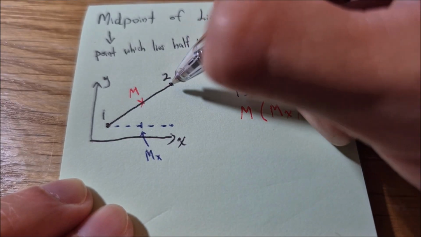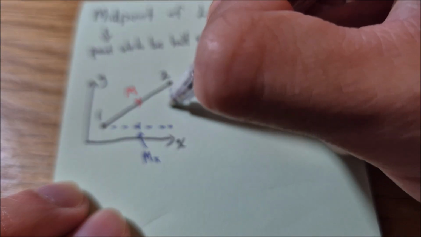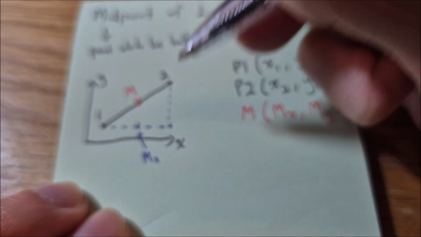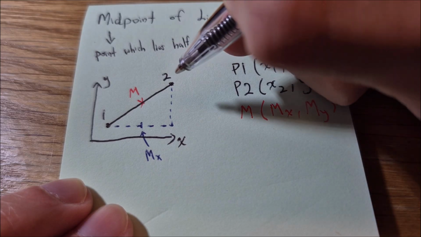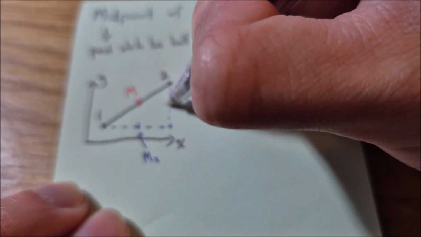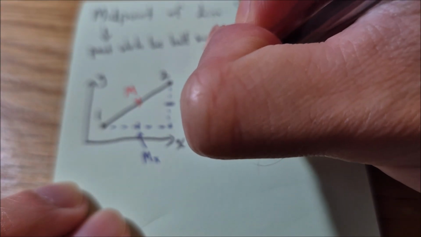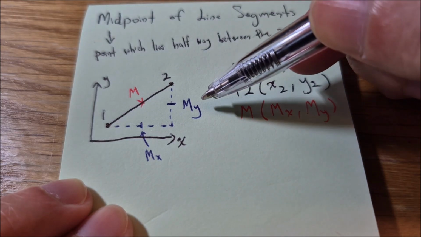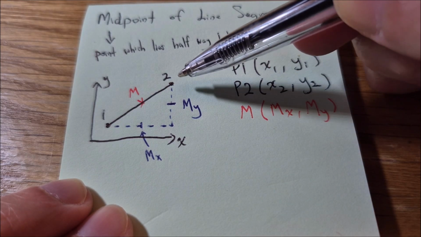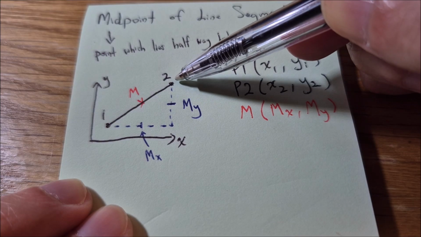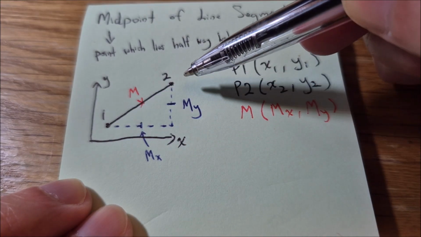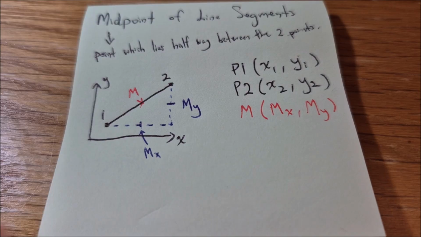And in the Y direction, which is the vertical, let's do the same thing. This point here is our My, which will be halfway between point 2 and point 1 in the vertical direction.